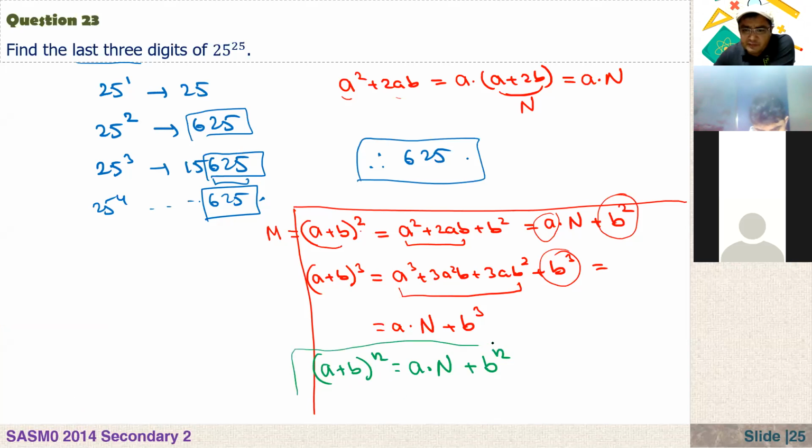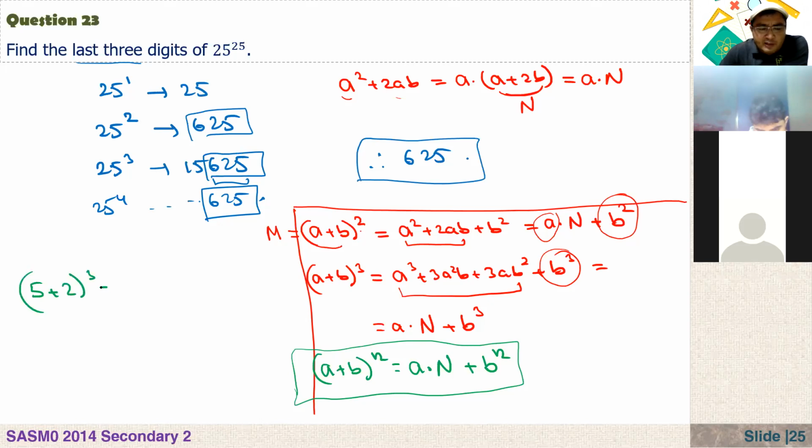Give me anything, I can write it like this. For example, 5 plus 2 cubed: I can always write it as 5 times some number plus 2 cubed, where the number is a whole number.